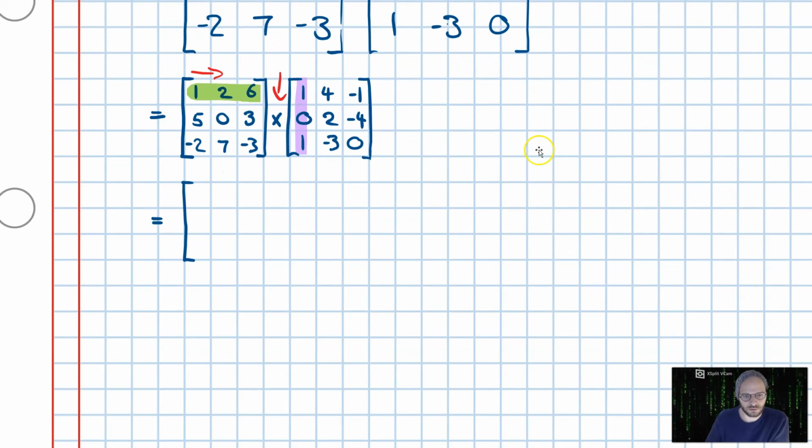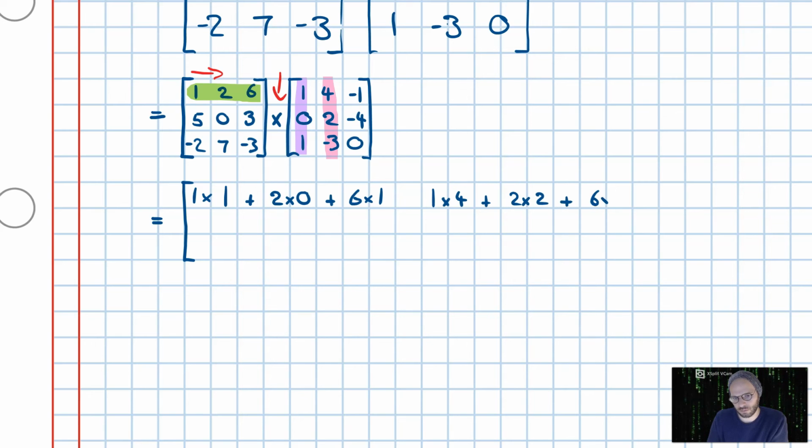Now, computing the first element, we're going to go 1 multiplied by 1 plus 2 multiplied by 0 plus 6 multiplied by 1. That's our first element. Second element is going to be 1 multiplied by 4 plus 2 multiplied by 2 plus 6 multiplied by negative 3.